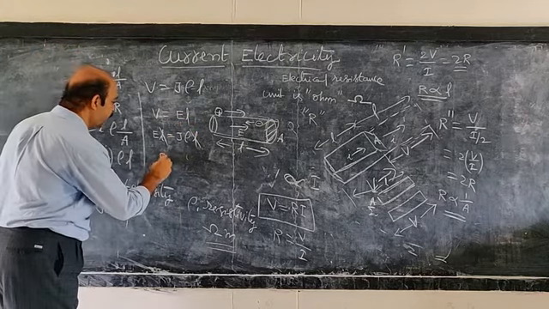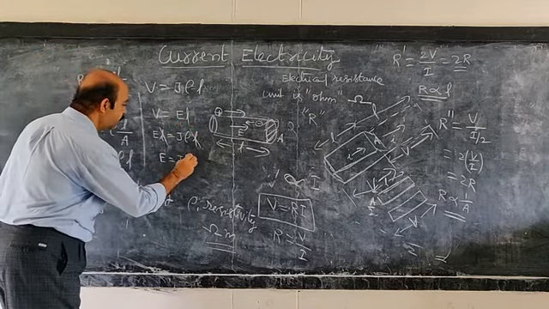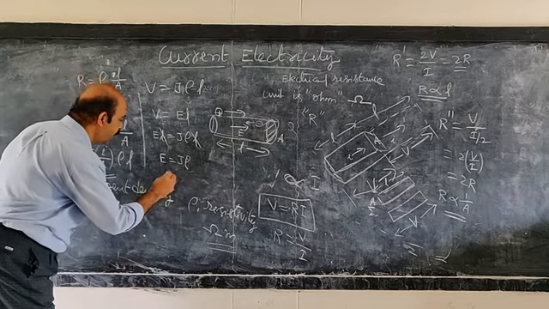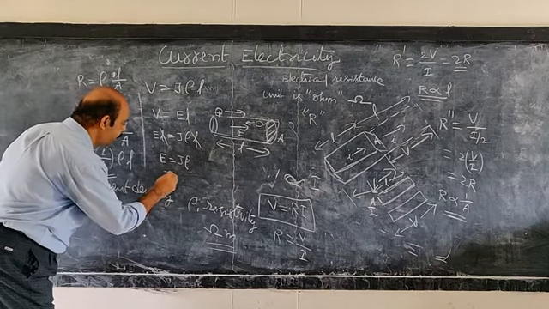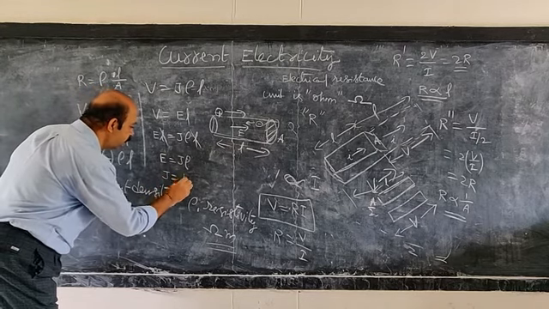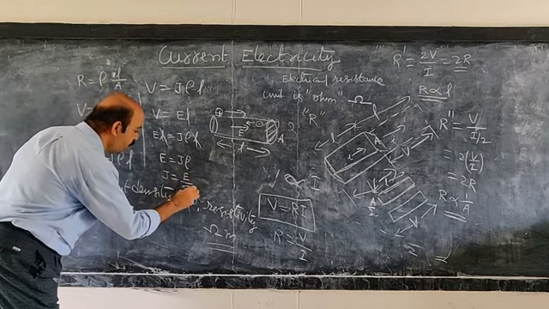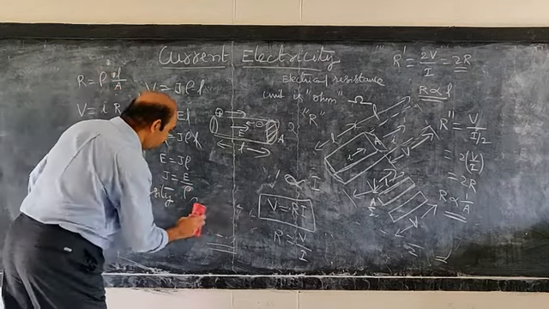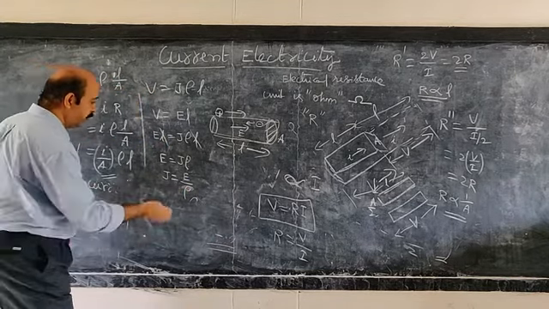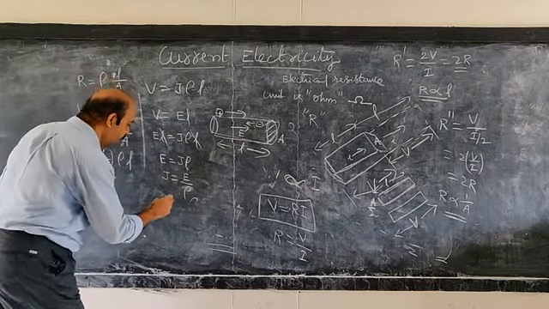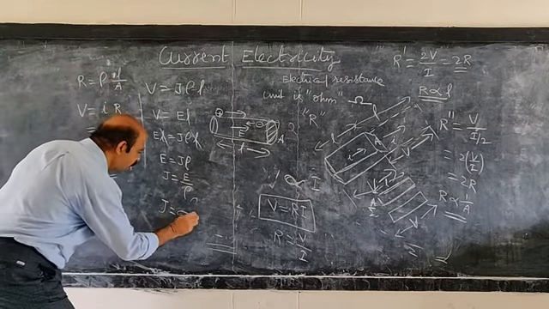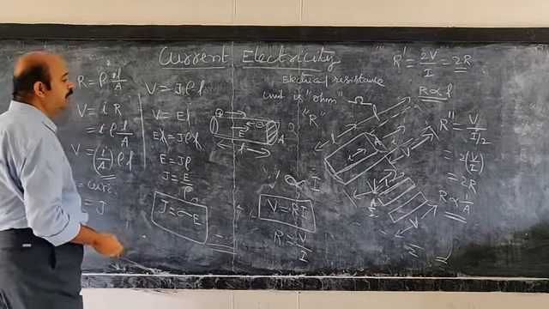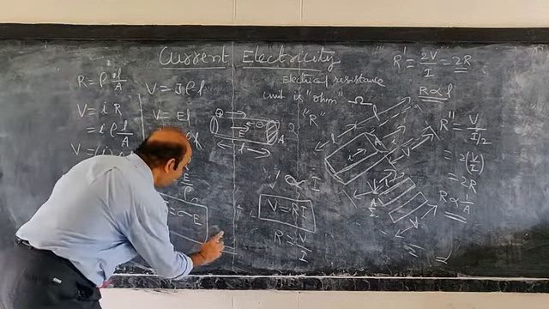So this relation is equal to J into rho, and this can be written as J is equal to E by rho. So this 1 by rho is written as sigma, so J is equal to sigma into E, where sigma is called conductivity.